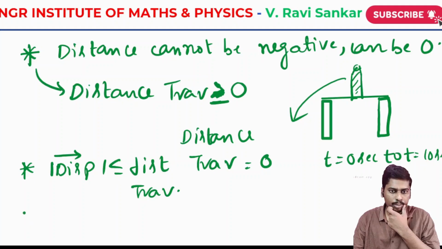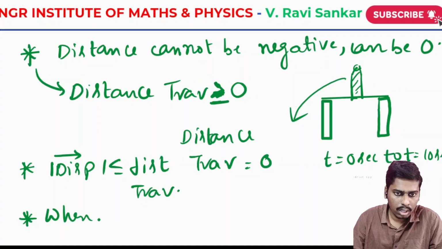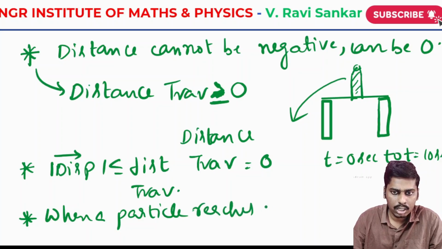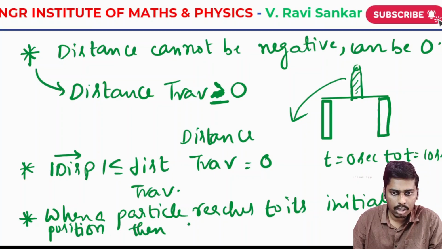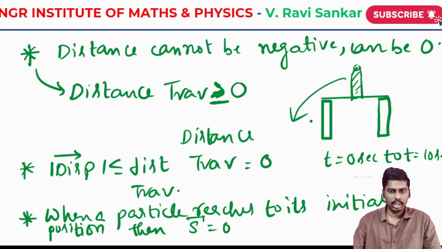And the last important point is, when a particle reaches its initial position, then displacement is equal to 0. That's it. That is the third thing.